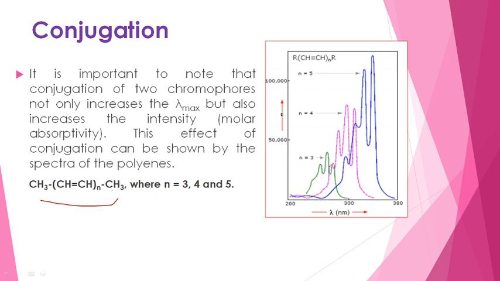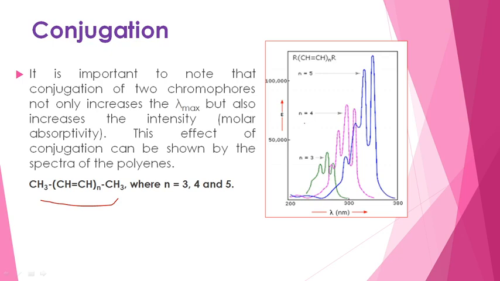If suppose you substitute 4 here, substituting 4 means you are extending the conjugation. On extending the conjugation, you are getting the absorption peak for n equal to 4. Here n equal to 4 indicates the number of conjugated double bonds.